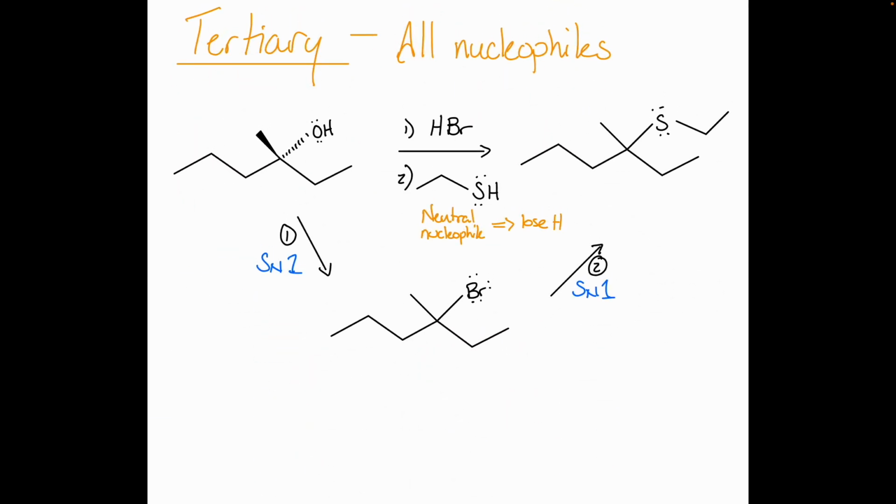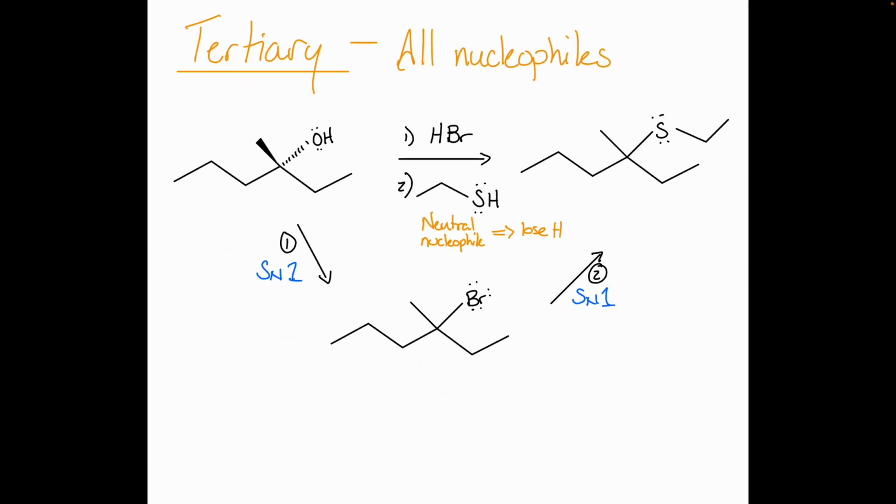If we're going to do a tertiary alcohol, we can convert that to an alkyl halide using just HBr, or hydrochloric or hydroiodic acid. Since that's an SN1 mechanism, we lose all of our stereochemistry. And because that substitution is SN1, we can use all of our nucleophiles, including our weak ones, in order to do our substitution. All right, so first strategy for substituting alcohols is to first convert them into these alkyl halides.